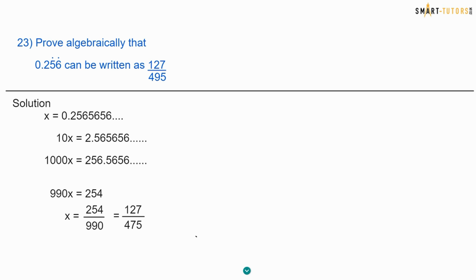So 1000x equals 256.5656. If you look at the decimal portion, 5656, both decimal portions are the same. So if you take one from the other, 1000x take away 10x is 990x equals 254. So x equals 254 divided by 990. If you simplify, this one is 127 over 495.